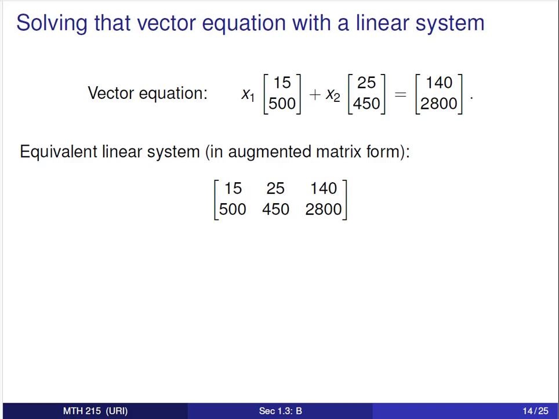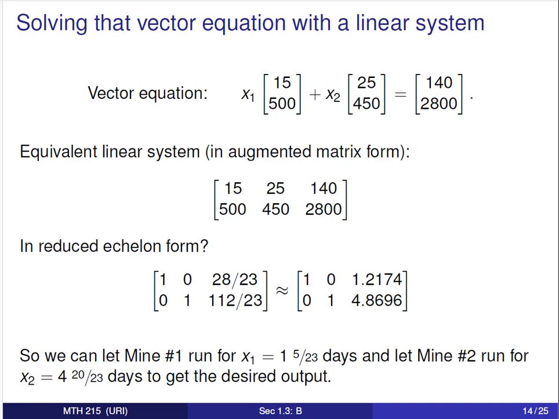Now if we were to take that matrix and row reduce it, I'm going to skip all the steps that went into this, but in reduced echelon form, this matrix reduces down to this matrix here: 1, 0, 28/23, 0, 1, 112/23, and you can see numerically what those right-hand numbers equal.